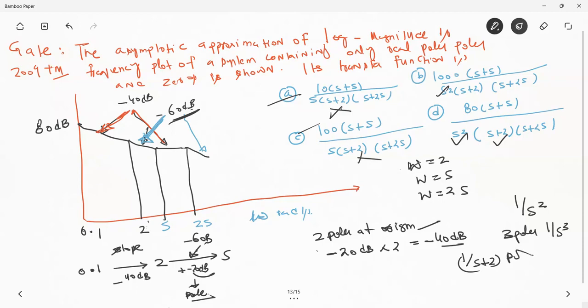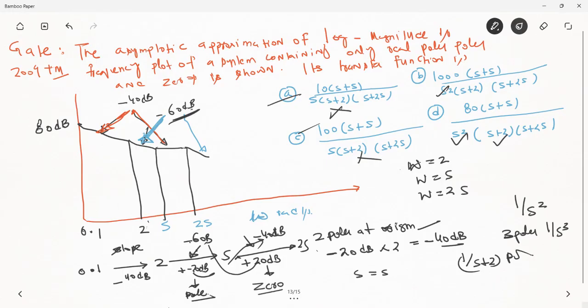Then we are moving from 5 to 25. It is going to minus 40 dB, while the previous slope was minus 60 dB. That is only possible if I had plus 20 dB here, then minus 60 plus 20 will move to minus 40. So the plus 20 dB addition is due to a zero.